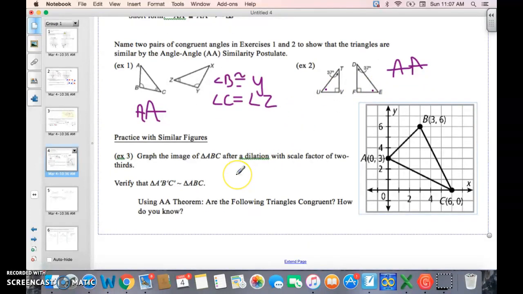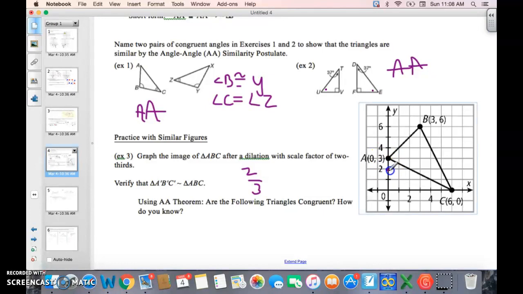Okay, so this says, go ahead and graph this image after a dilation with a scale factor of 2/3. So you're going to multiply all the coordinates by 2/3. And this will bring us to 2/3 of 3 is 2, so that goes to here.